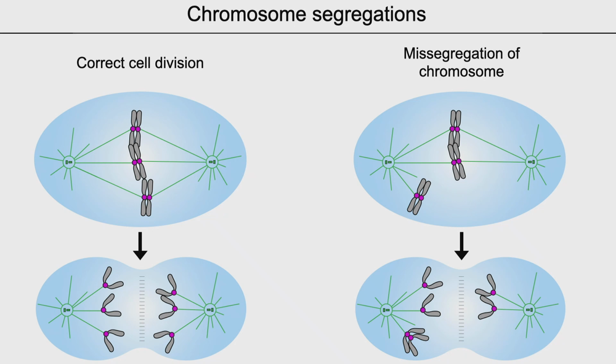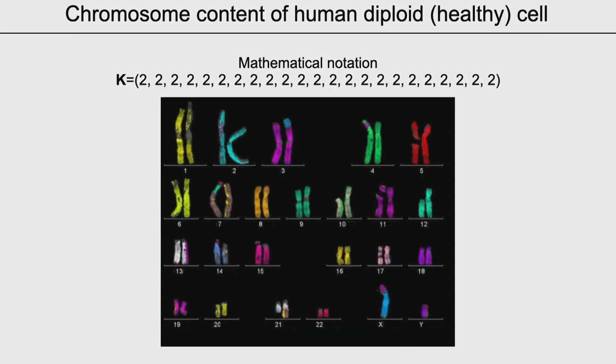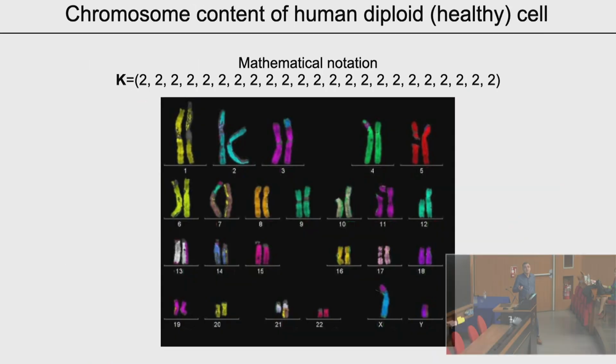This is what happens during the cell division. But now Eva already has shown what the chromosome content looks like, and here is the chromosome content of one healthy, I'm emphasizing this, healthy diploid cell, where in humans we have 46 chromosomes that are actually represented with 23 different chromosomes, each appearing in 2 copies.